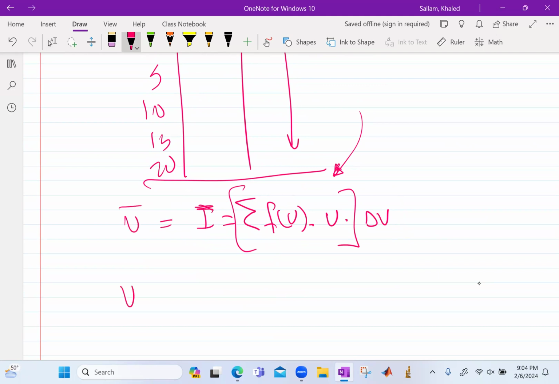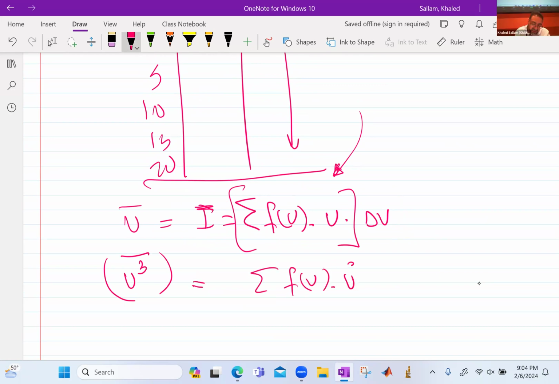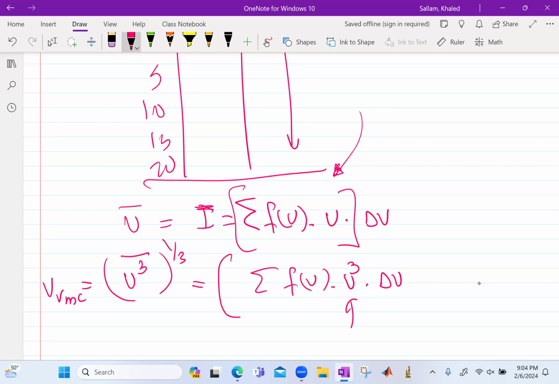If I want to get the v cube average, then I will do sigma f of v, v cube, delta v. That is the average v cube. And if I want the v root mean cube, I will put one over three over the whole thing. So those are the two equations we want to make sure that we have: how to get the average v and the average v cube.